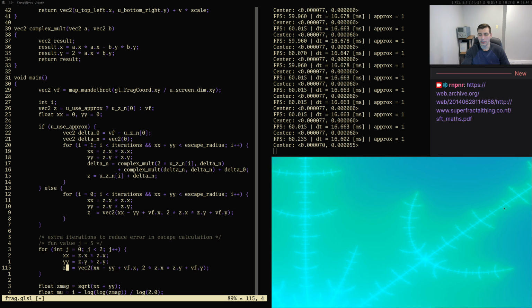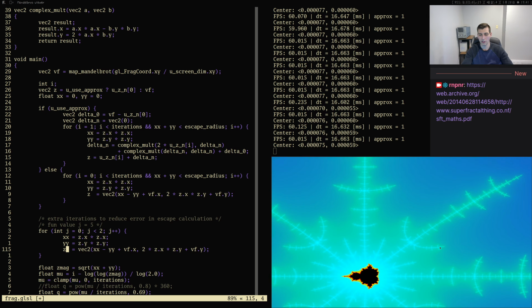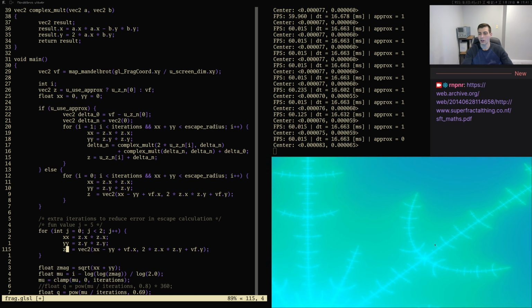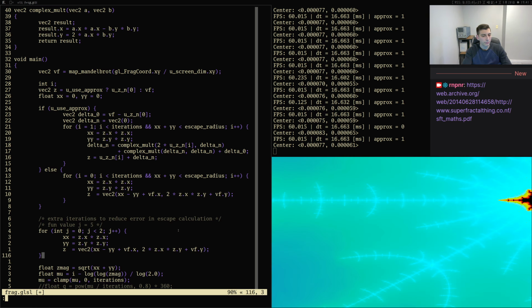So why is it getting, it looks like it's just flipped. Is there an issue with the way that I calculated the ZNs in the main?